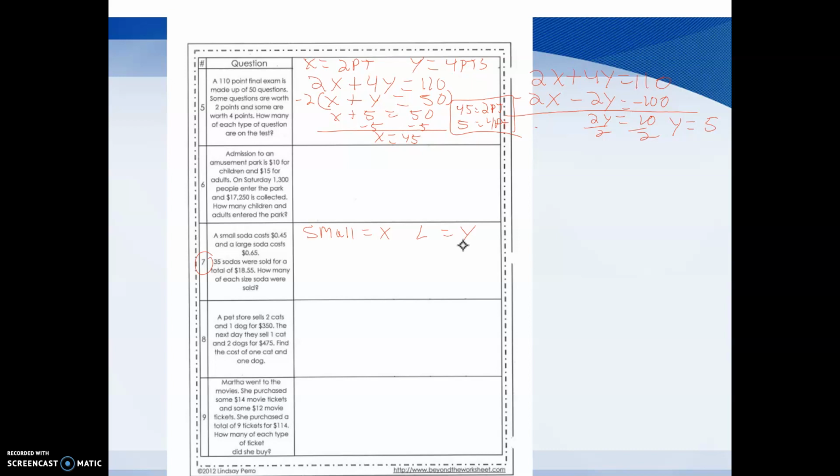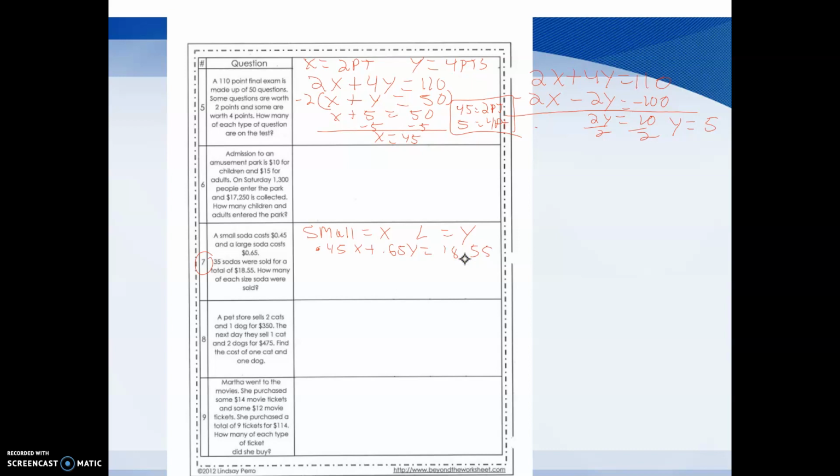All right, so let's look at the money part first. So we've got 45 cents for the small ones plus 65 cents for the large ones, and that's going to cost us a whopping $18.55. Okay. This is kind of similar to the number 5 question, right?